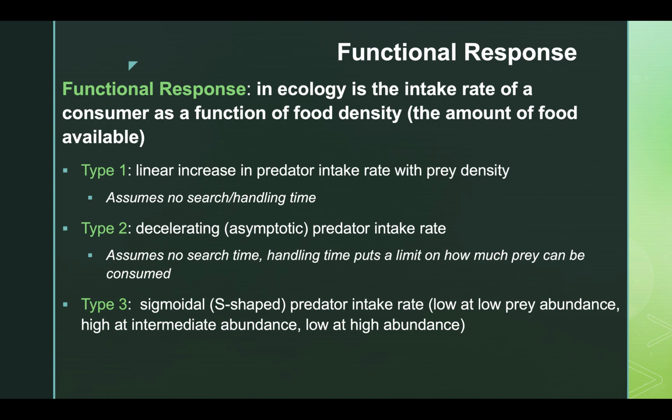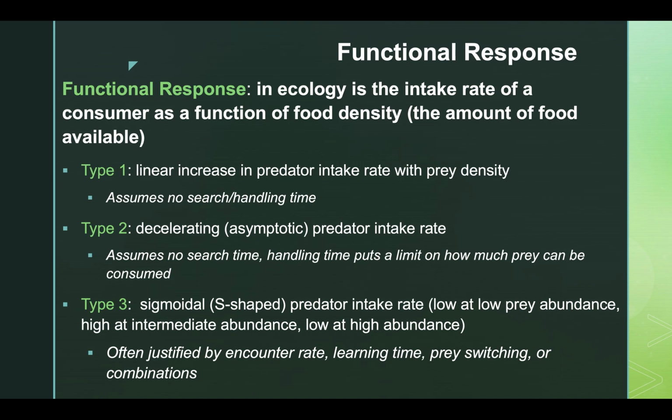Or S-shaped when we talk about the logistic growth curve, where at low levels, there's a low amount of consumption. At high levels, there's a low amount of consumption. And then at intermediate levels, it's just right. It's a little bit of a Goldilocks situation here, that there's just enough prey that the search time is low, but not too much prey that the handling time is too high.